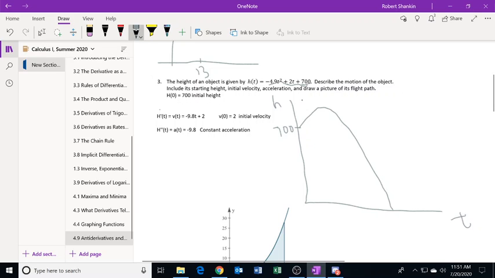Now, does everybody agree that this is the flight path of the object? Or is there anybody who disagrees? Take a minute to think about that.